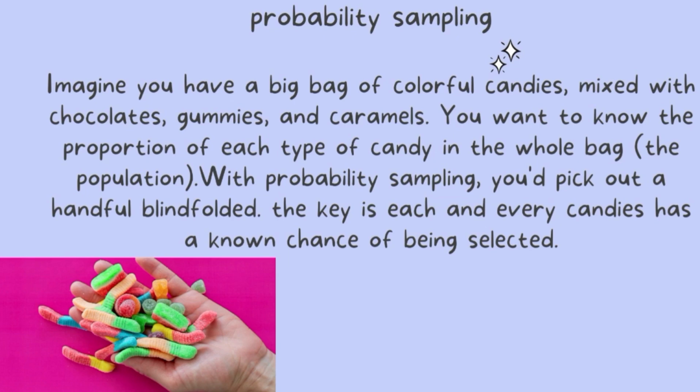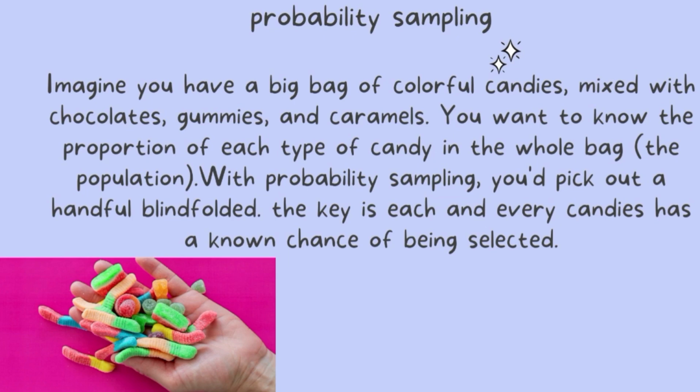For example, imagine you have a bag of colorful candies. It has chocolates, gummies, caramels, whatever it is. You have a mixture of different candies, and you want to know the proportion of each candy: how many chocolates, gummies, and caramels there are. This whole bag is the whole population.